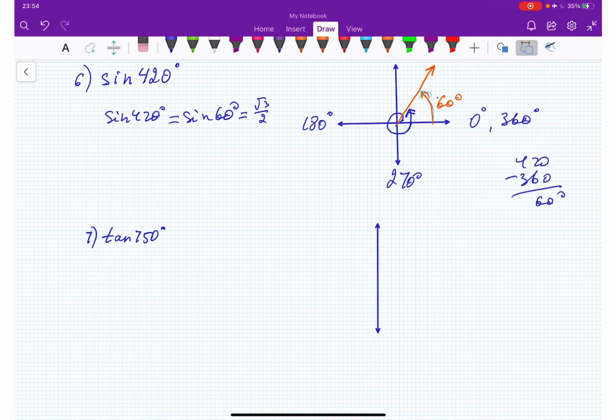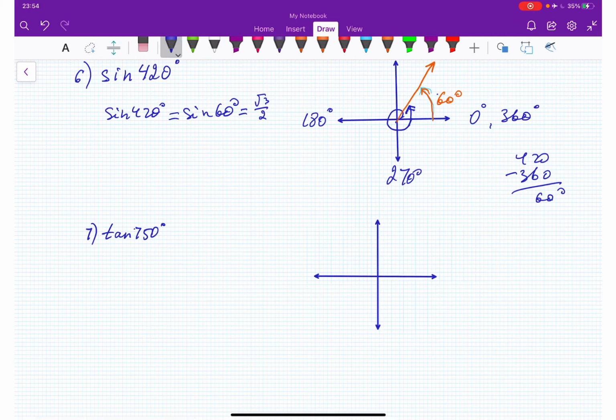So 750 degrees, how many 360s will fit in? Twice, because 360 degrees times 2. Why do I take 360?